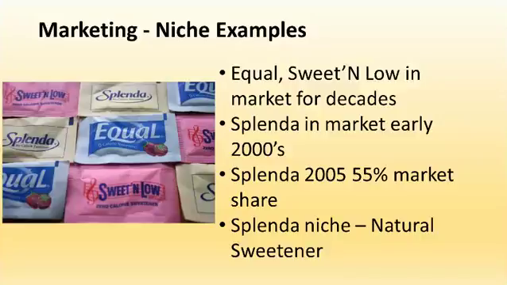But by 2005, Splenda had 55% of the market share. And the way they achieved that is Splenda looked at the competition, looked at the competition's messaging in terms of what they were using in their advertising to promote themselves.